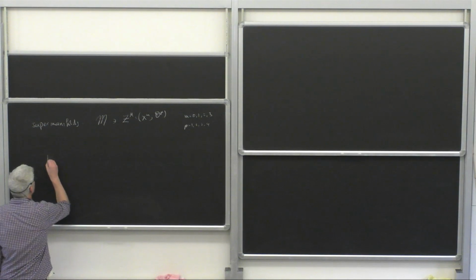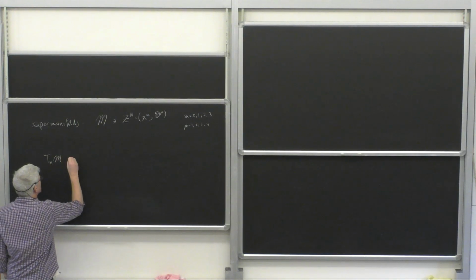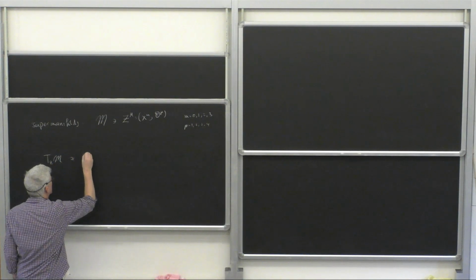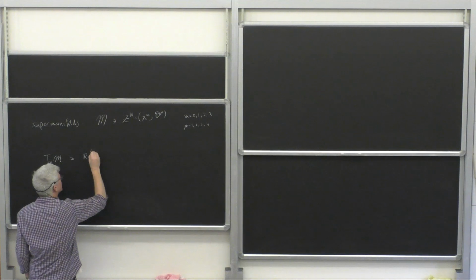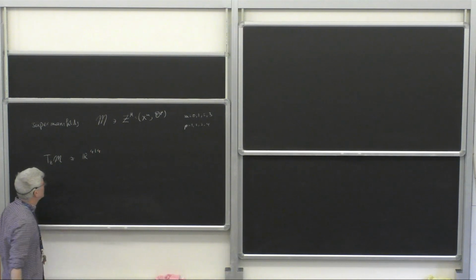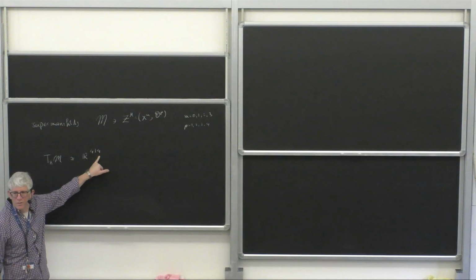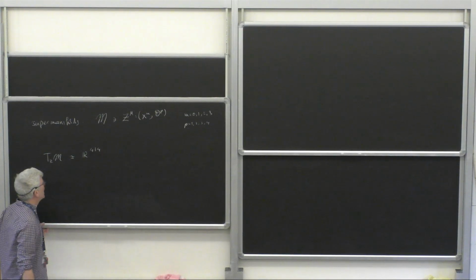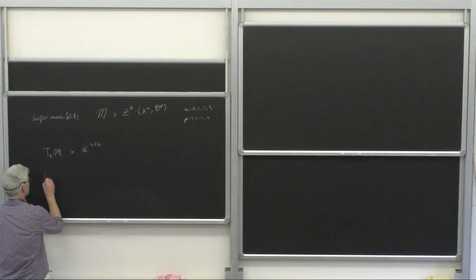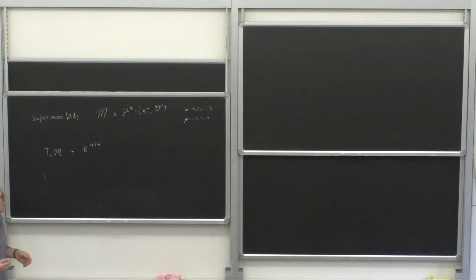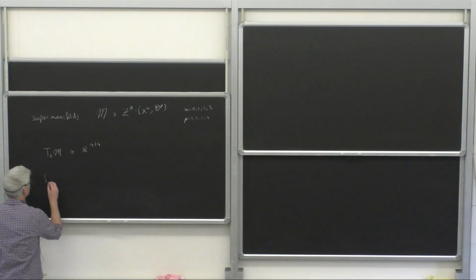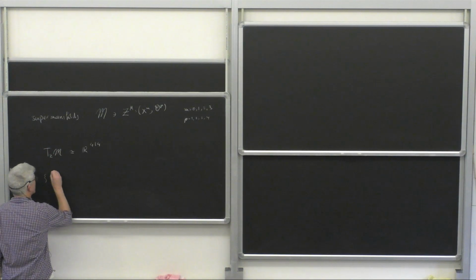If I look at the tangent space at a given point, this is isomorphic to R, and we write it as 4|4, which means it's a vector space with 4 bosonic bits and 4 fermionic bits. If I introduce a frame, where I'm going is G-structures, but now on a supermanifold.